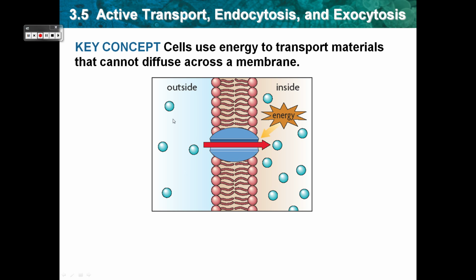Now notice, like I said before, there's few molecules on the left and many on the right, but your cell needs to pump even more molecules inside the cell. This is going to take energy as well as a transmembrane protein, which you can see in blue here. We call this kind of transport active transport because it requires energy.